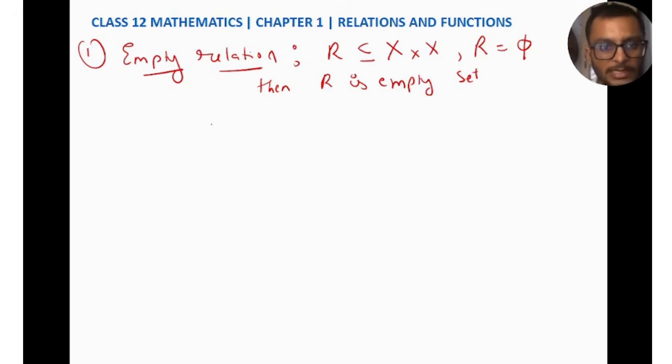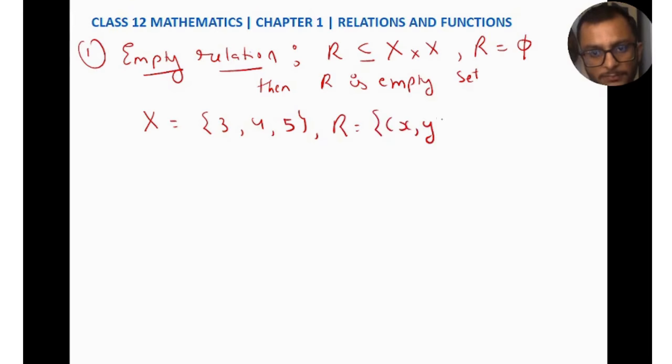Let's take one simple example. Take X as {3, 4, 5} and R as the set of elements (x, y) of X cross X such that x is a multiple of y.